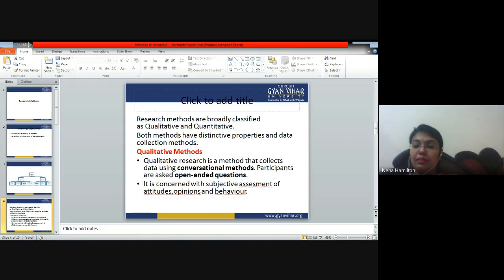Let us first start with qualitative methods. The slide says that both methods have distinctive data collection styles. The qualitative method is a method that collects data using conversational methods, so participants are asked open-ended questions.